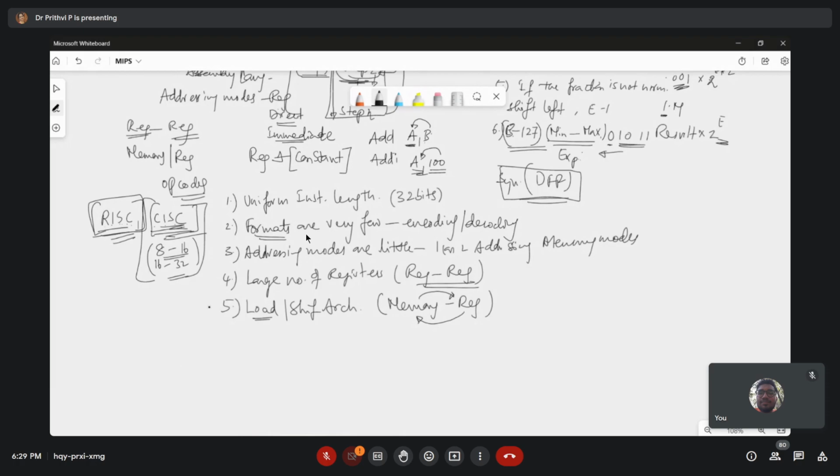Okay. And there won't be any side effects. What are the side effects for us? When we perform an operation, there is overflow, underflow, condition codes. Condition codes means flag conditions.